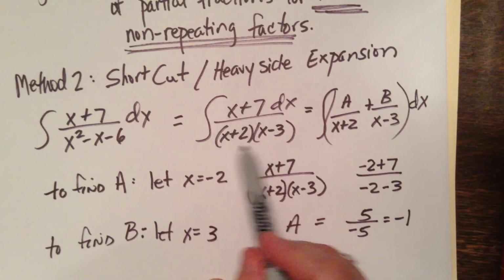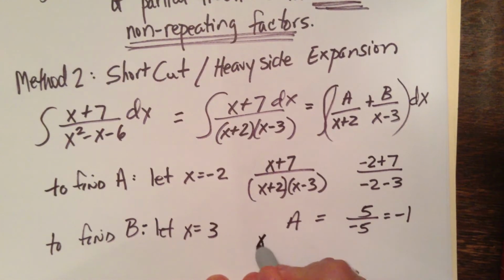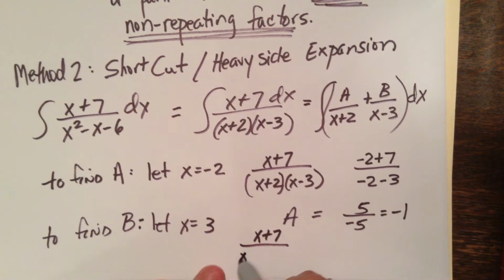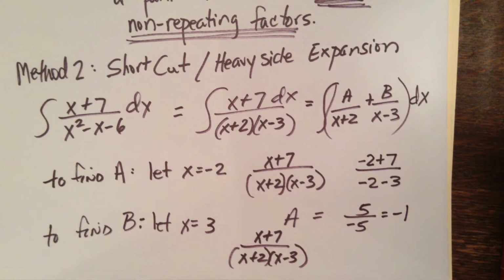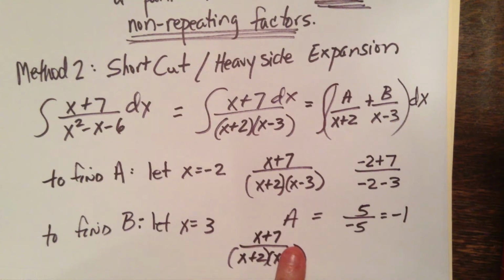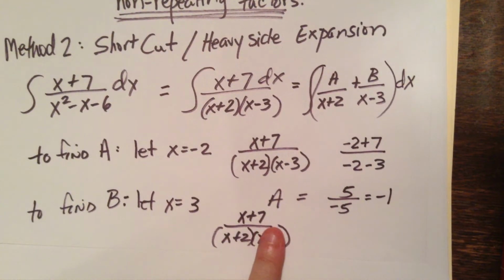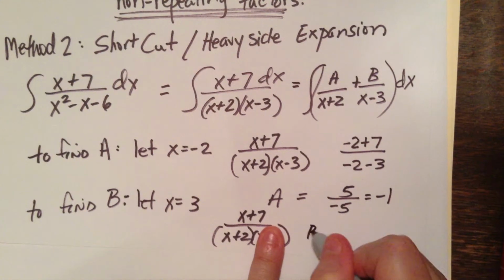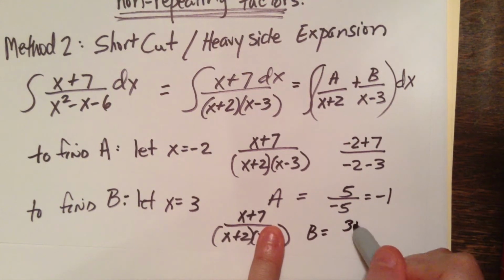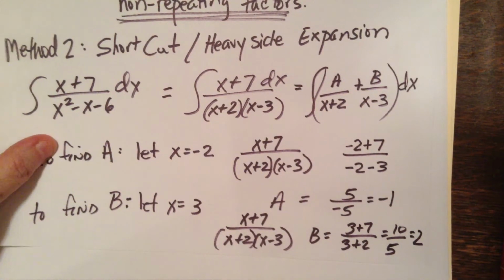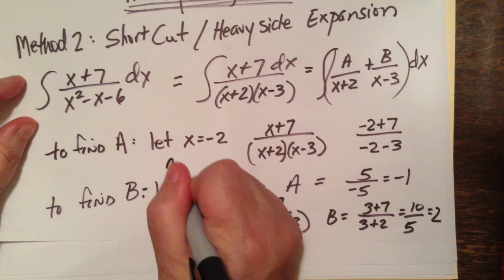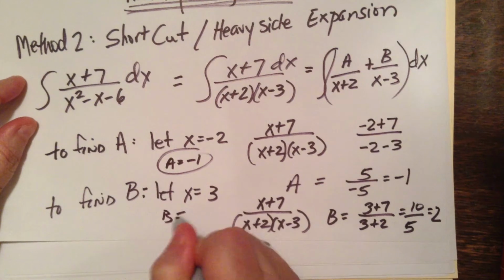So we're going to go to our original problem, and where I see that factor, I'm going to put my finger over it, cover that factor up. And to find B, I'm going to put 3 wherever I see x. And I get 10 over 5, or 2. So my bottom line is A will be -1 and B should be 2.